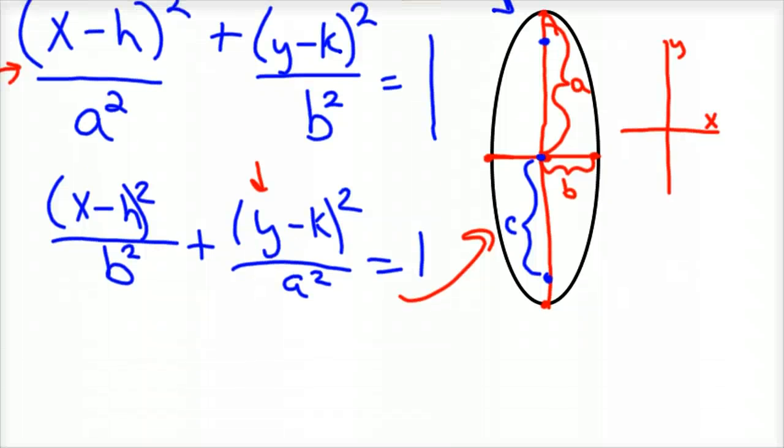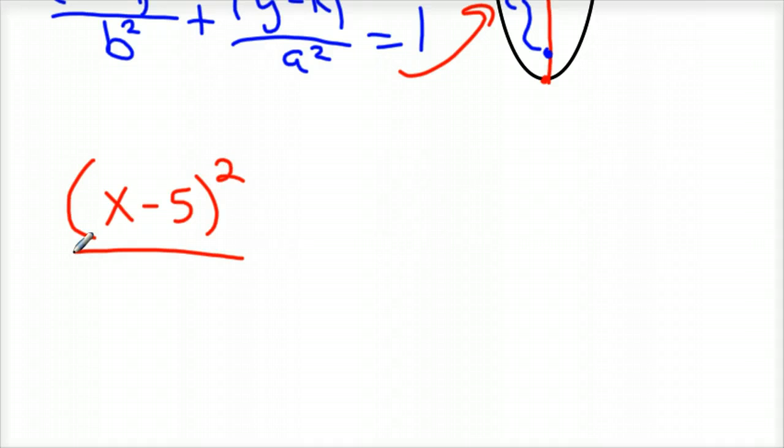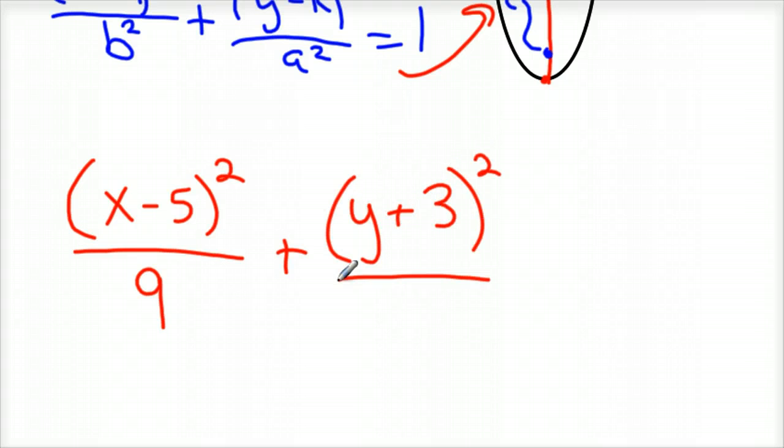And so let me give you an example to help us understand this. So if I had, say, the equation (x minus 5) squared over 9 plus (y plus 3) squared over 25 equals 1.